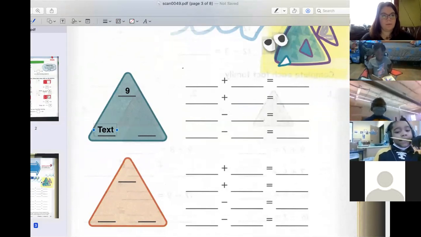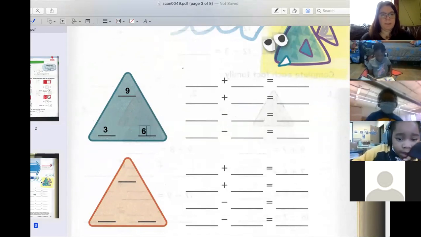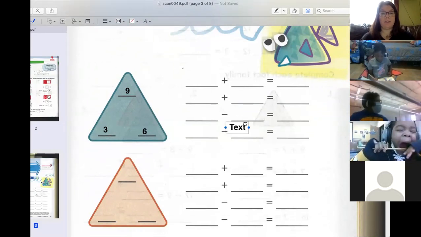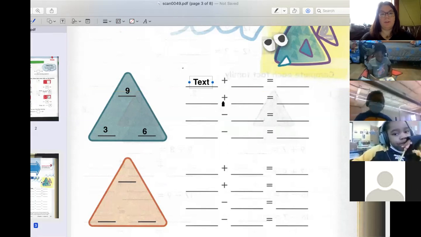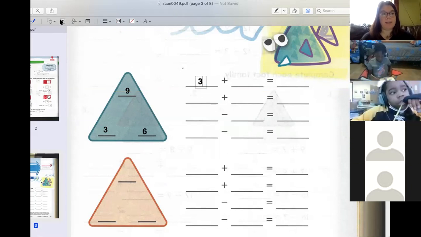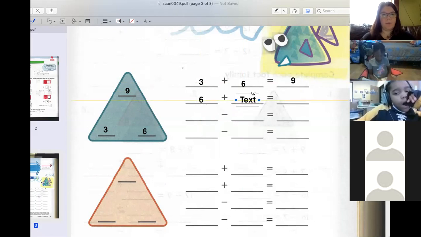So this is a fact triangle, and these are our three numbers, and we can write four different equations using all of these numbers. So we can make 3 plus 6 equals 9. We can make 6 plus 3 equals 9.